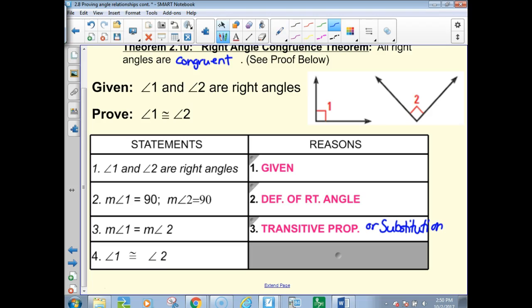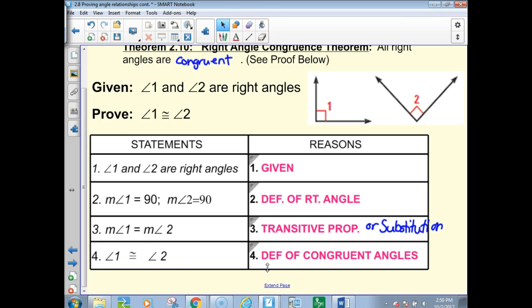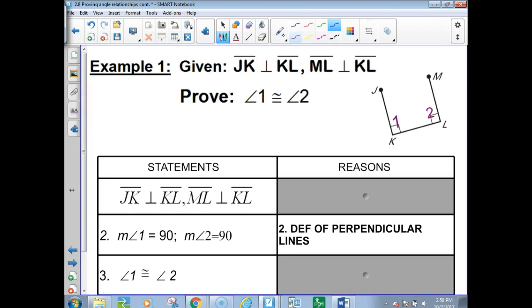All right, and then angle 1 is congruent to angle 2 by definition of congruent angles. And if you want to abbreviate that, guys, certainly feel free to write it a little more simplified, like definition of, and then a congruent symbol, and then the angle symbol. That's fine. We just proved that all right angles are congruent. So now maybe we'll use it.